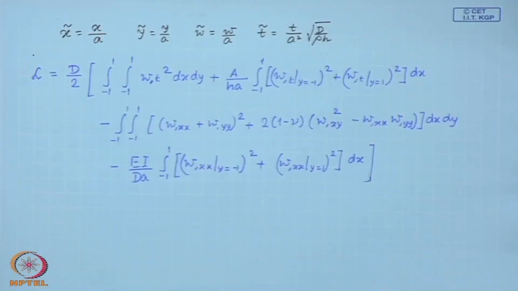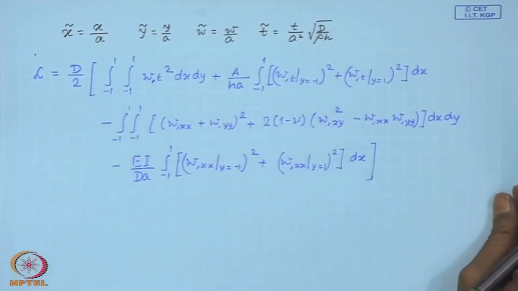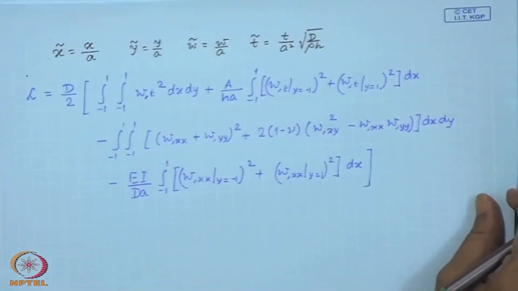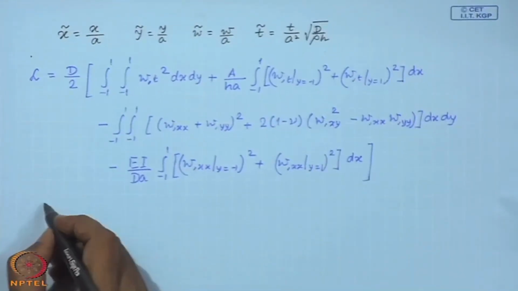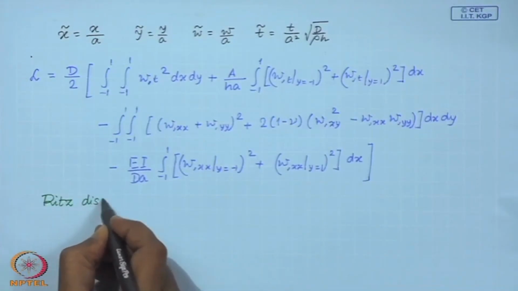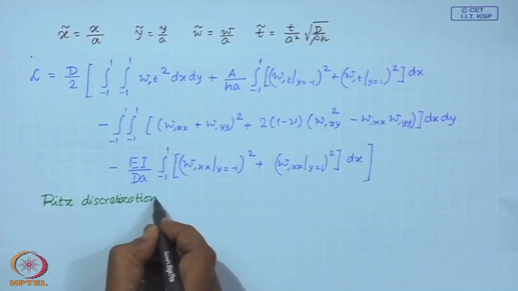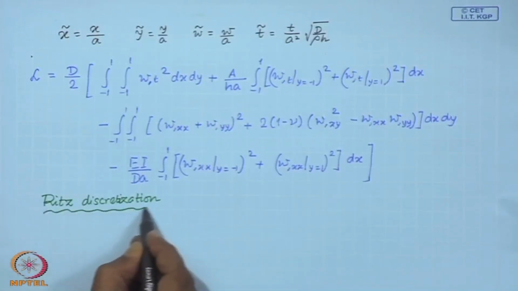Now, for the admissible functions, for the Ritz method, we will use once again the Ritz discretization.